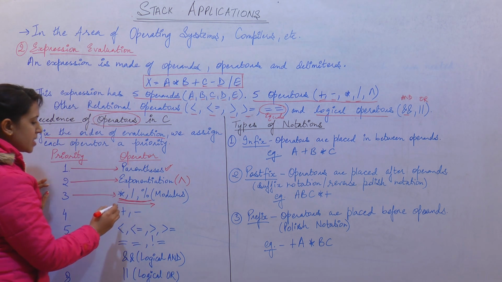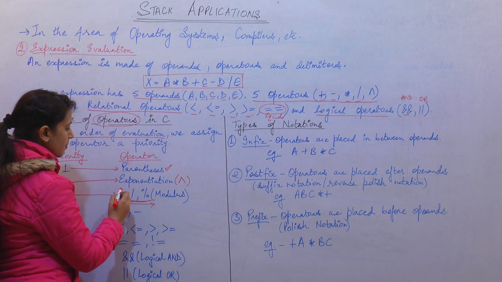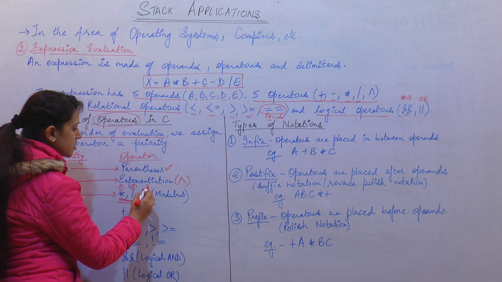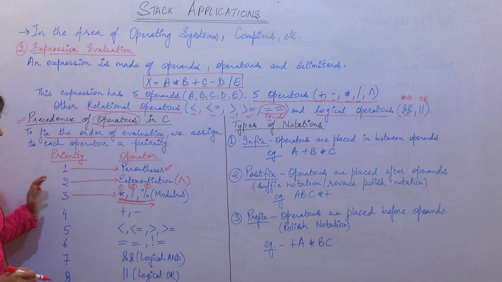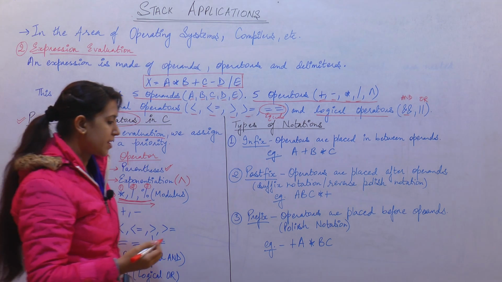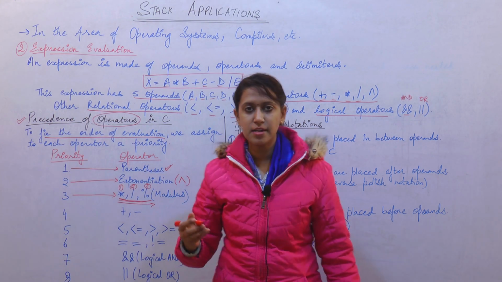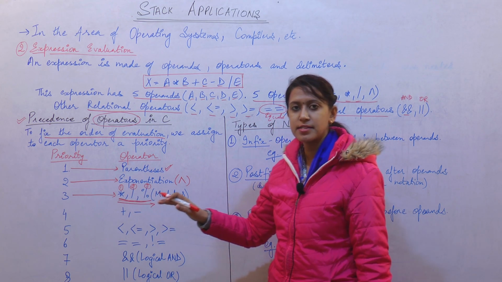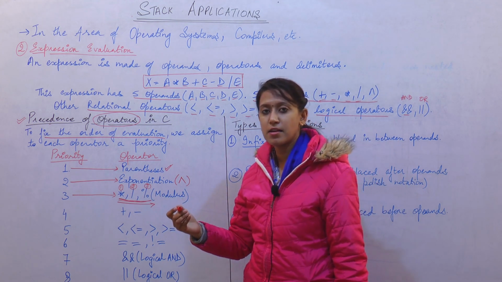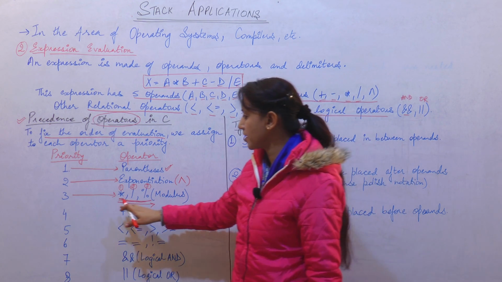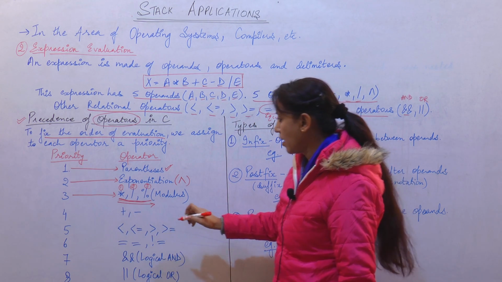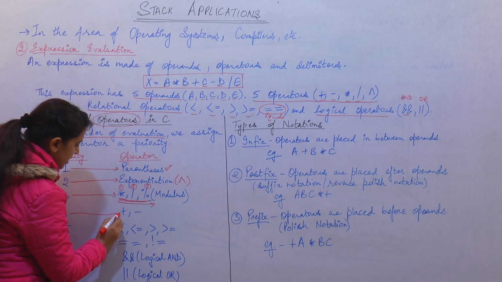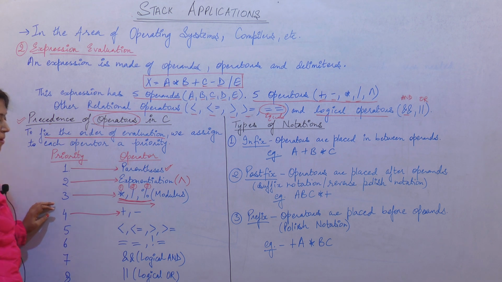So among these three, multiply will be at highest priority, then divide and at last modulus. At the same level, if all three operators have the same priority, then we will apply the priority order from left to right. After multiply, divide and modulus, the next priority is plus and minus.